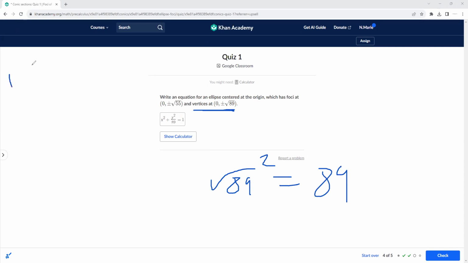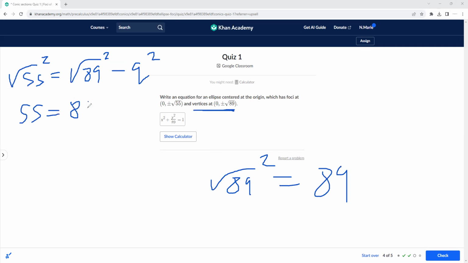So we know our f squared equals our p squared minus our q squared. And we're looking for q squared. So this is going to get you 55 equals 89. And so we need to solve for q squared.